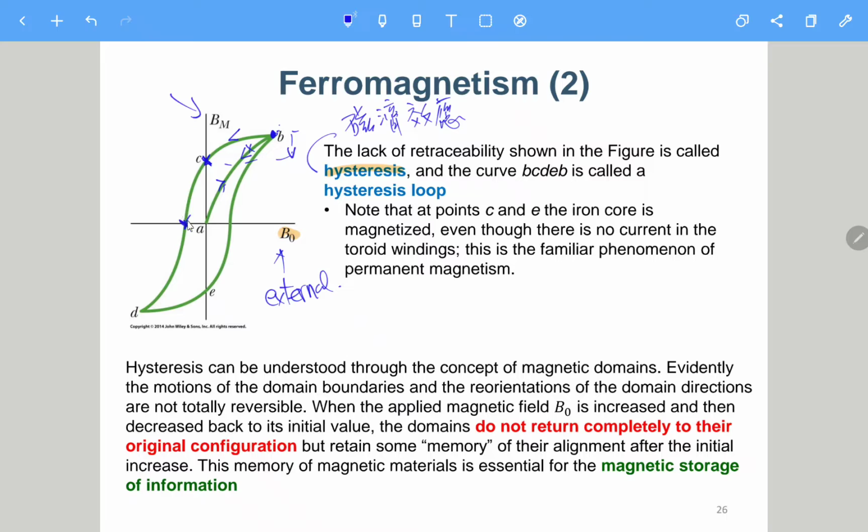So at this point, you give it a negative B external to really reset the ferromagnetic material. And then you further increase the B field in the negative direction, up to point B, like this.